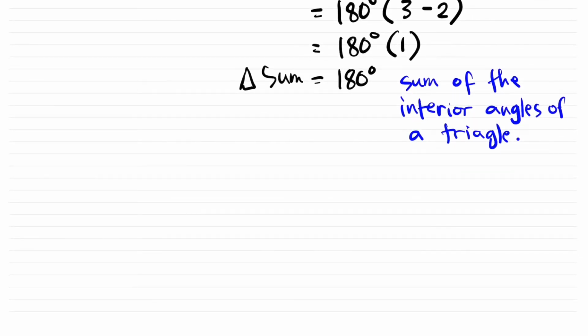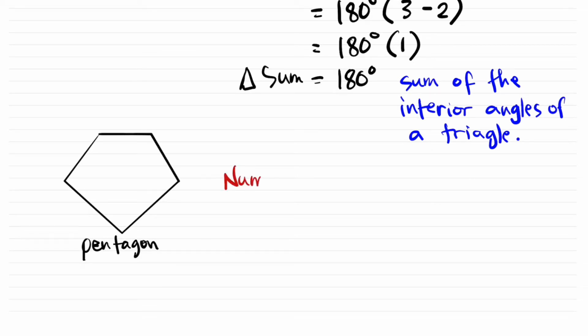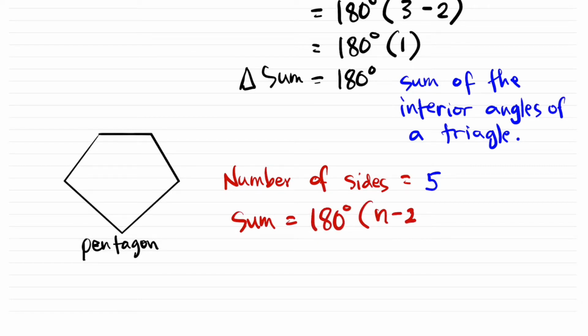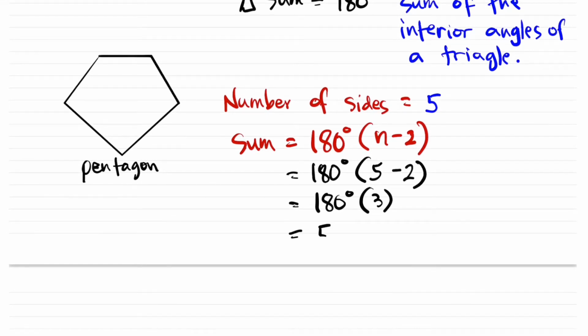Let's have another example. We have a pentagon. The number of sides is equal to 5. So we use the formula sum is equal to 180 degrees times n minus 2. So we have 180 degrees times 5 minus 2, which is 180 degrees times 3, equal to 540 degrees.